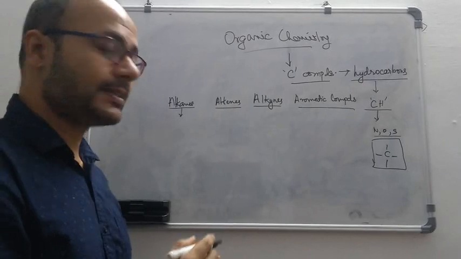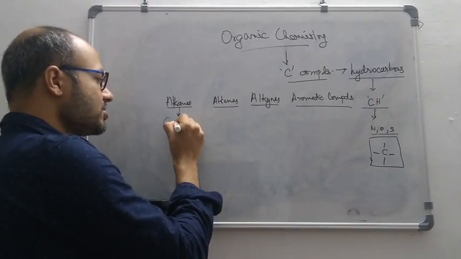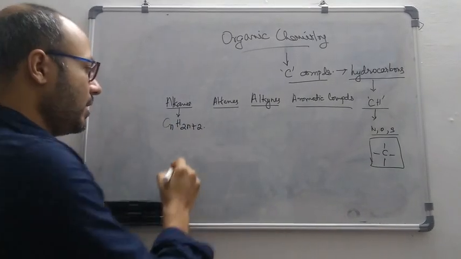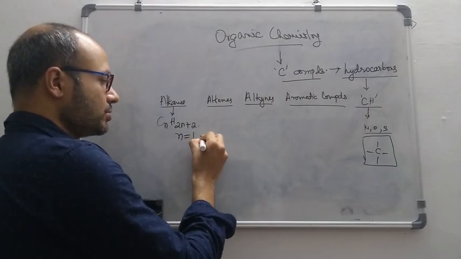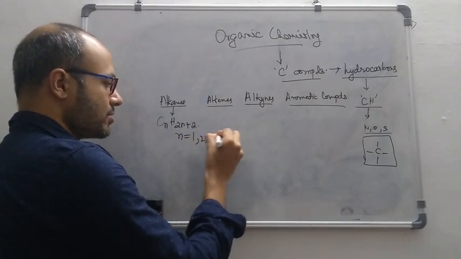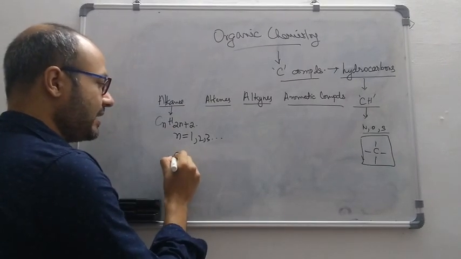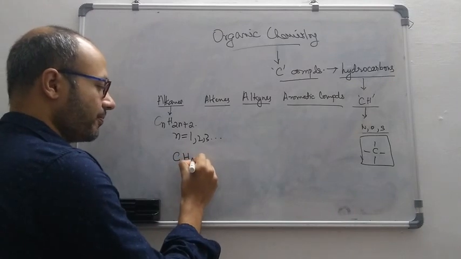Starting with alkanes. Alkanes have a general formula of CnH2n+2. Now n can have values 1, 2, 3, and so on. Let me write the simplest one. When n is 1, the formula would be CH4.